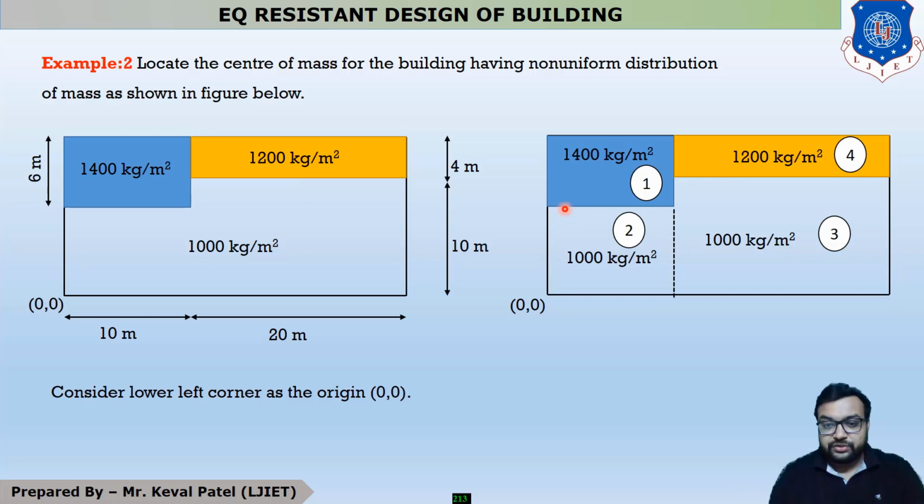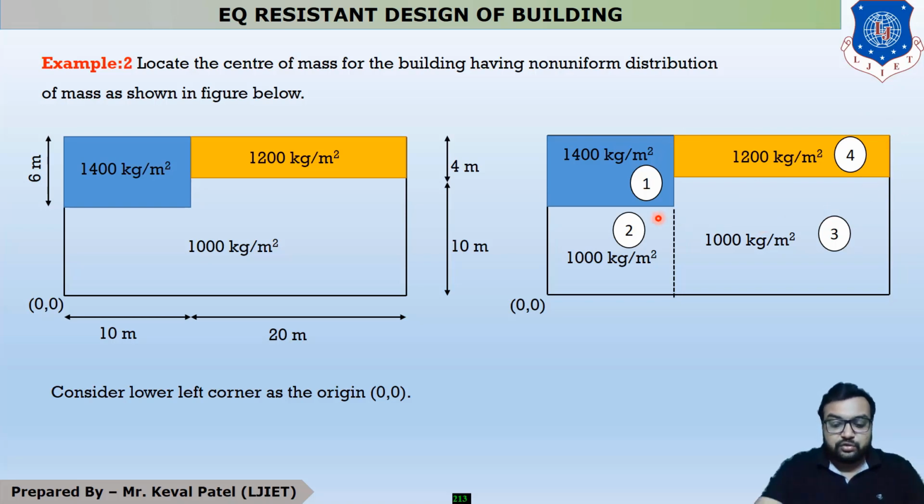The area of the second portion is 10 meter in this direction, and also 10 meter in this direction. In the third, this length is 20 meter and this value is 10 meter, so the area of the third portion is 20 into 10. The area of the fourth portion is 20 meter by 4 meter.